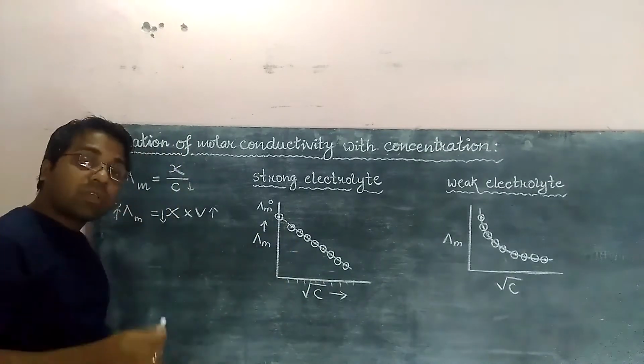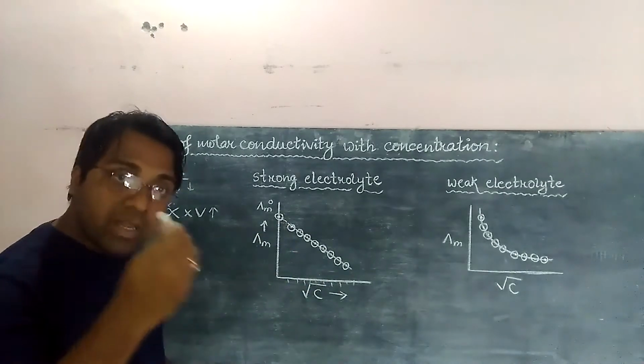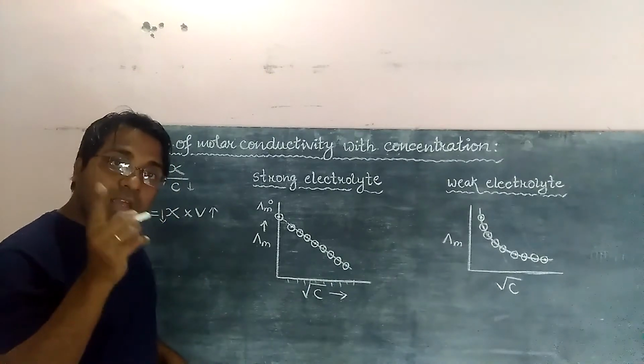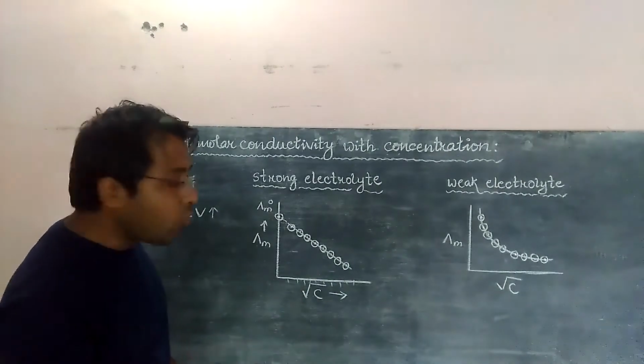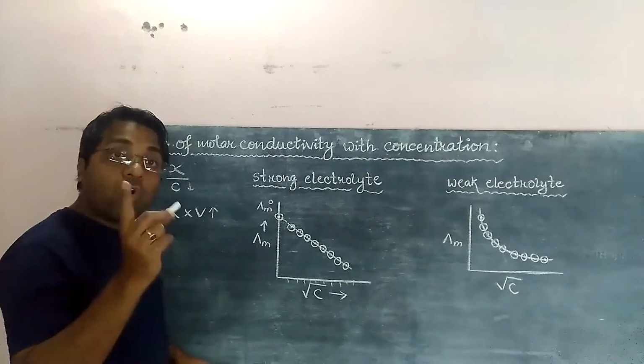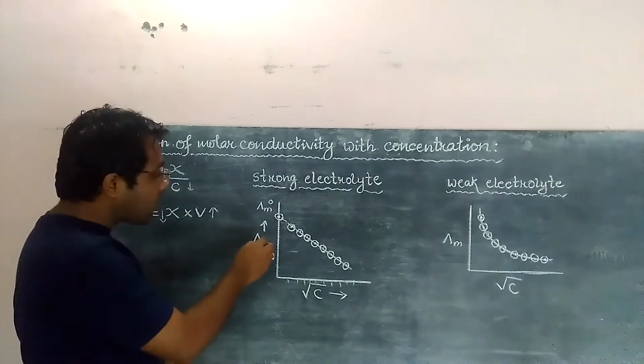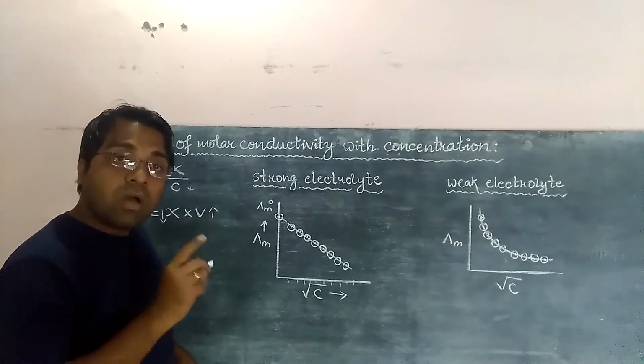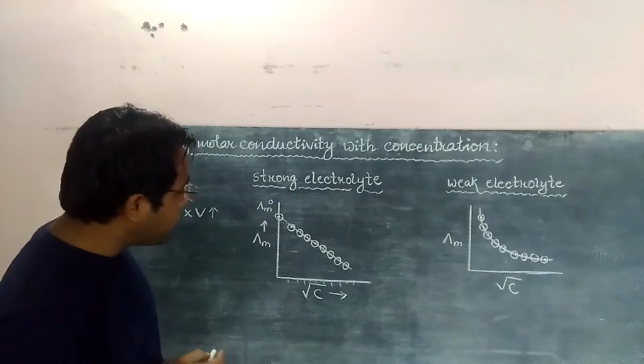So what happens if we go on diluting gradually? A certain stage will be reached when there will be no further increase in the molar conductivity value. I hope you have understood this point.